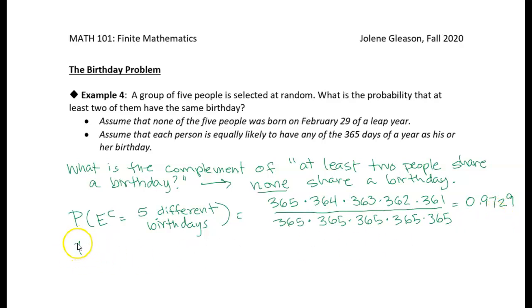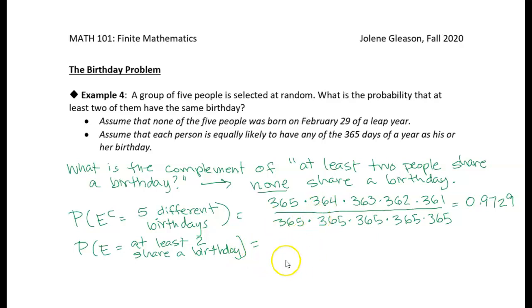So what's the probability then of the opposite of this? What we want, though, is to figure out the probability that at least two of them share a birthday. So let's write that down. At least two share a birthday, or at least one pair of people share a birthday.